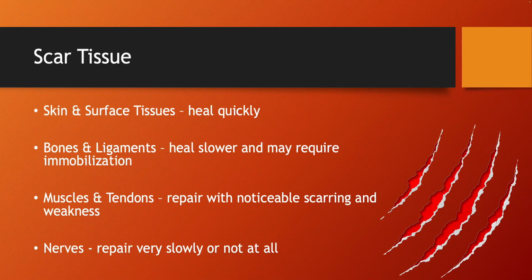All right, then we have nerves. Nerves are the slowest part of the body to heal. Sometimes they do not heal at all. Sometimes nerve damage is so severe that there is complete loss of function in that nerve. That would be like if somebody has an accident and then all of a sudden they can no longer use their lower body. Or sometimes you get a surgery.